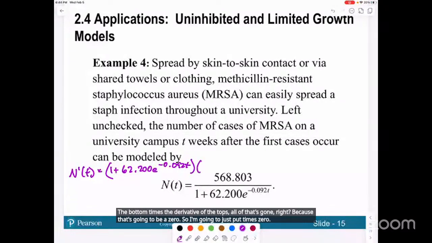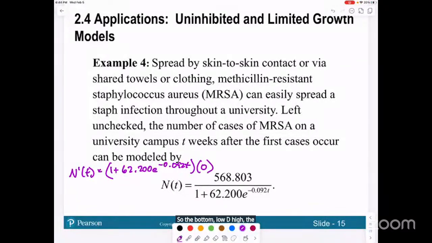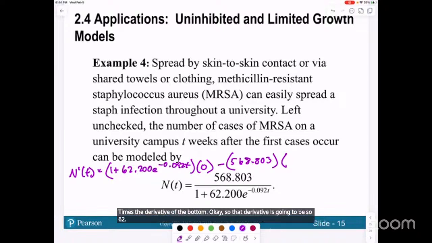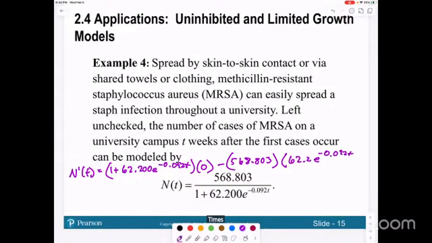So the bottom, low d high, the bottom times the derivative of the top minus the top times the derivative of the bottom. Okay, so that derivative is going to be itself, 62.2 e to the negative 0.092t, times the derivative of the power, which is going to be this negative 0.092.